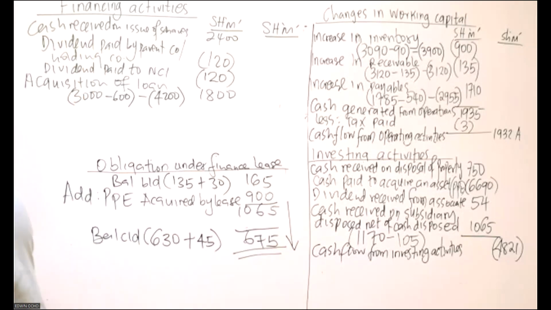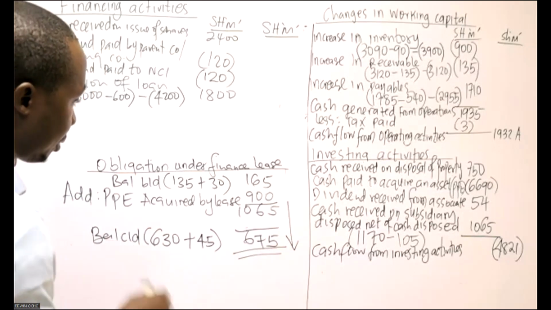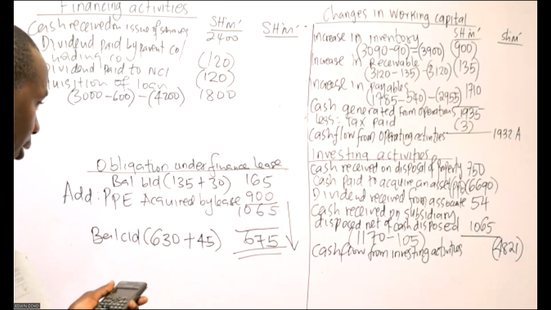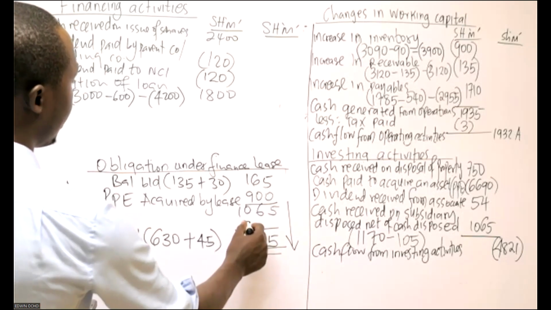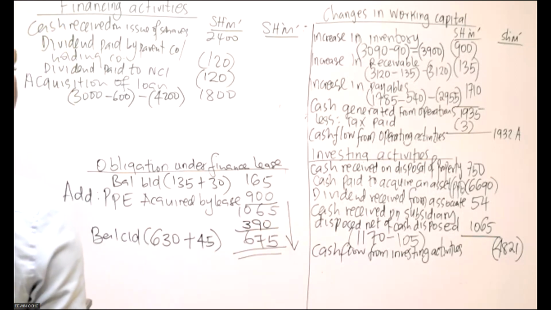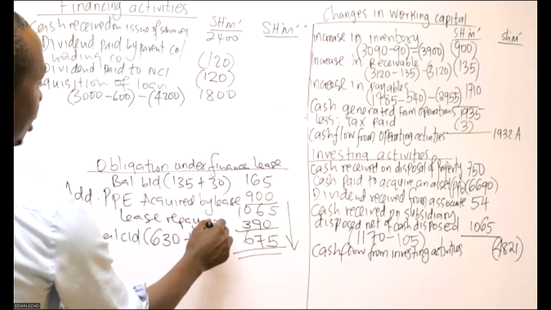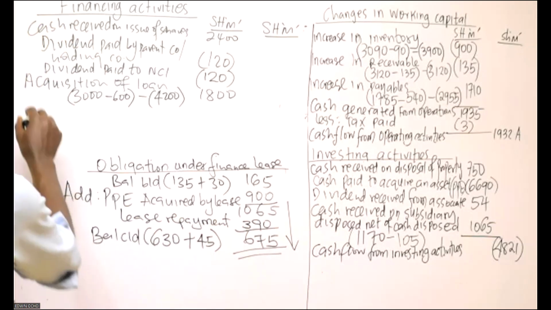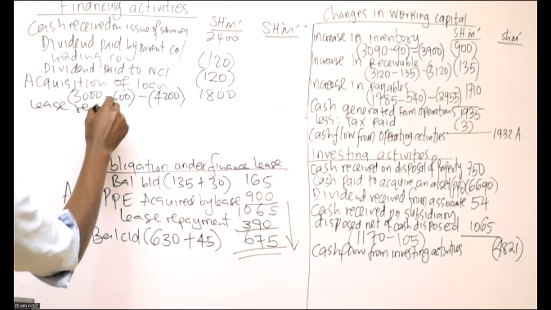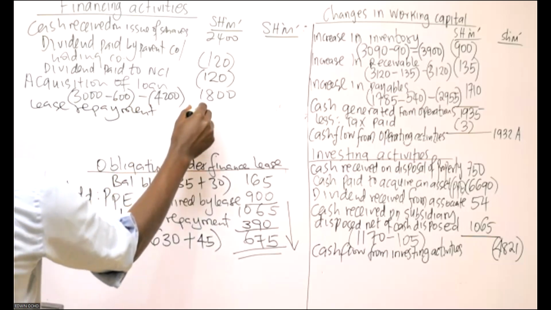Meaning that they did a lease repayment. They did a lease repayment of 390. That is why the value reduced. So lease repayment of 390.